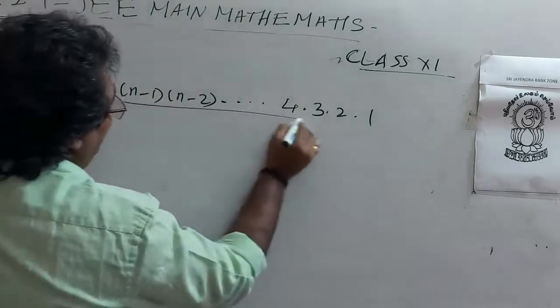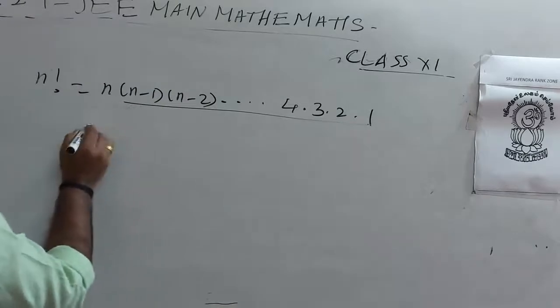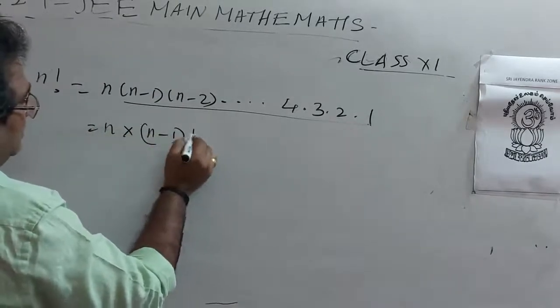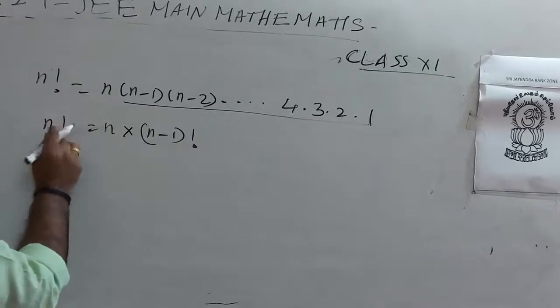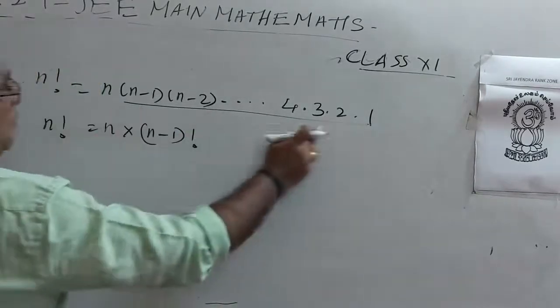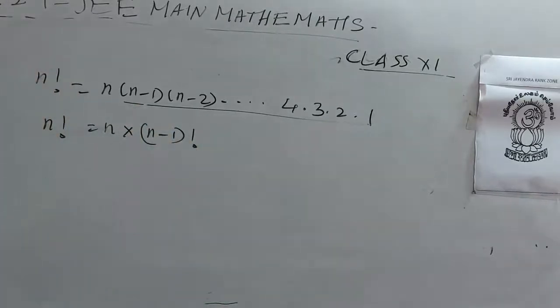If we combine the first n minus 1 terms, 1 to n minus 1 we can write as n minus 1 factorial. So n factorial equal to n into n minus 1 factorial.